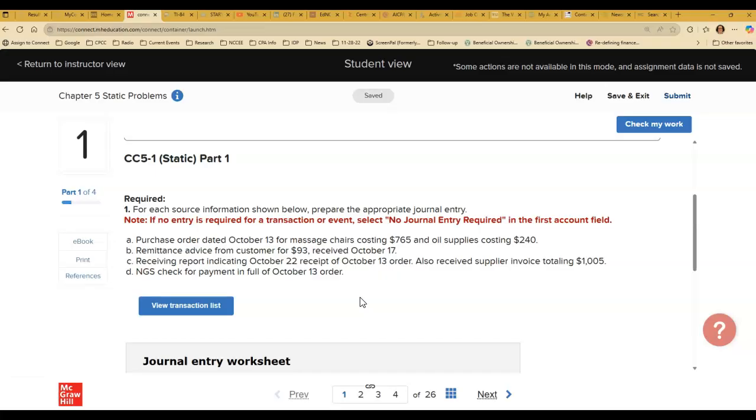So a lot of times in modern day accounting software, you're not really keying in all these journal entries because it knows, okay, I'm billing the customer and we need to be recording sales and we need to be recording accounts receivable. So there's a lot of that kind of stuff going on in a modern day system.